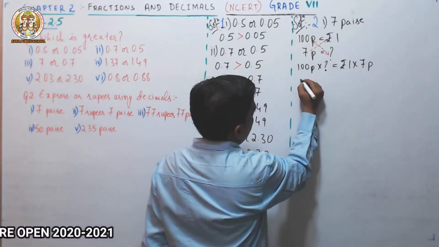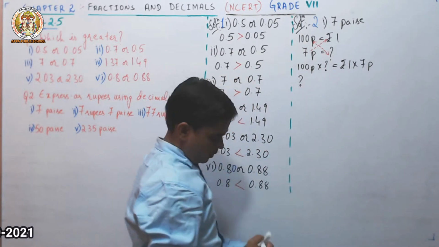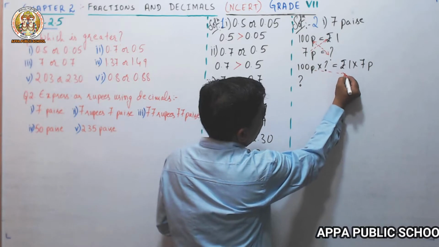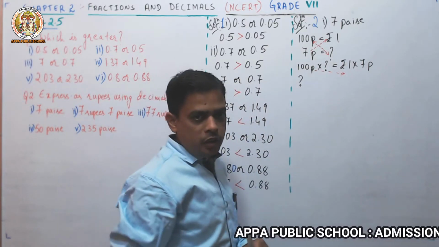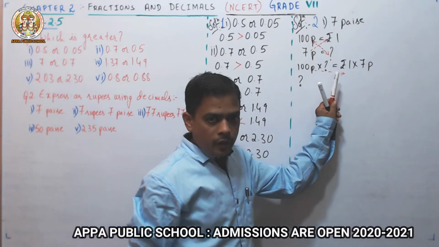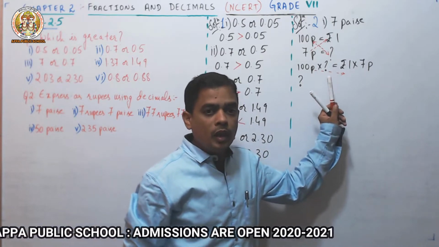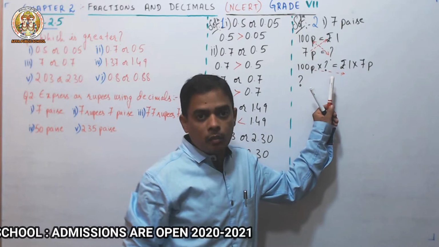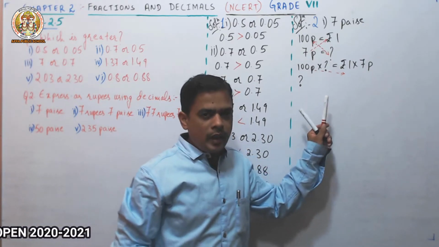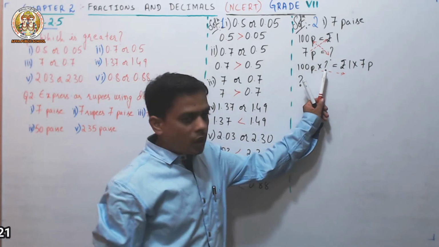Next, this question mark I will keep as it is. So this 100 I will shift to the denominator. Why? Because the unknown here is the question mark. You can take any variable also, any alphabet from A to Z instead of question mark.